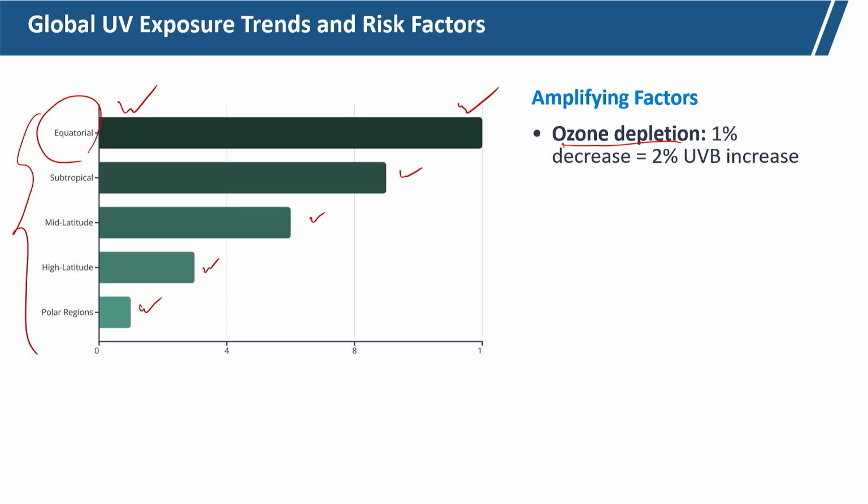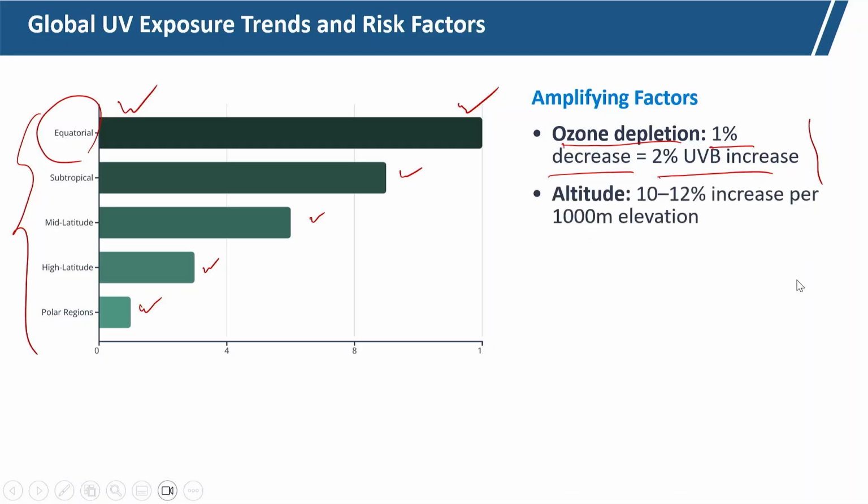So, a 1% decrease in the ozone layer will increase UVB exposure by 2%, which will be very harmful for our body.